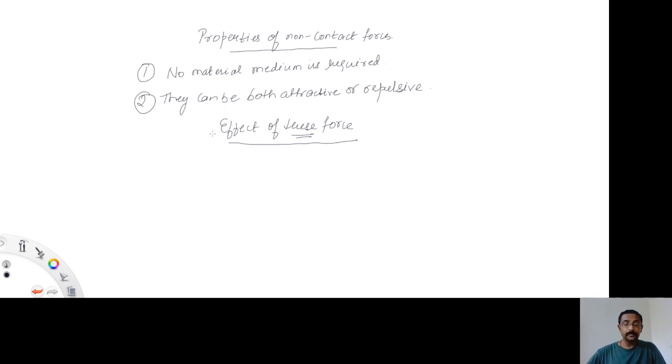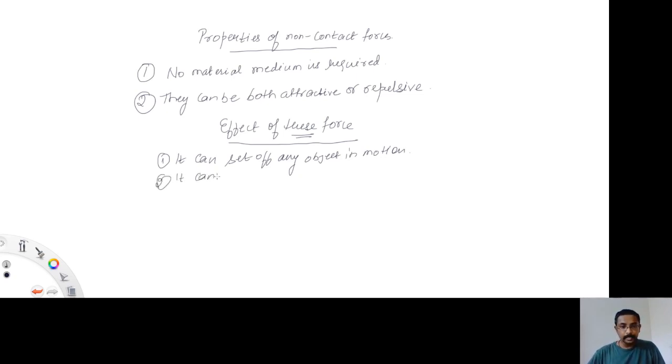The effect of these forces is that they can set any object in motion. If I have this pen and I want to set it in motion, all I need to do is throw it, and it will be in motion. A straightforward example.